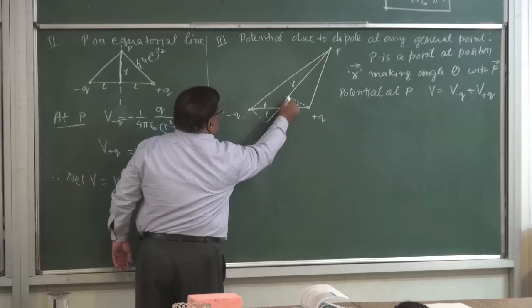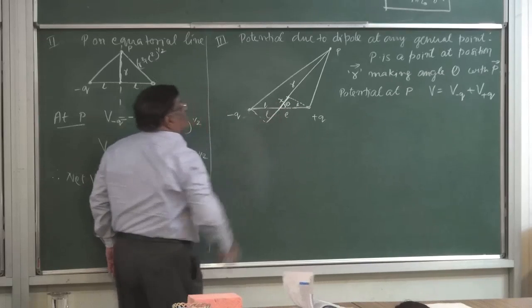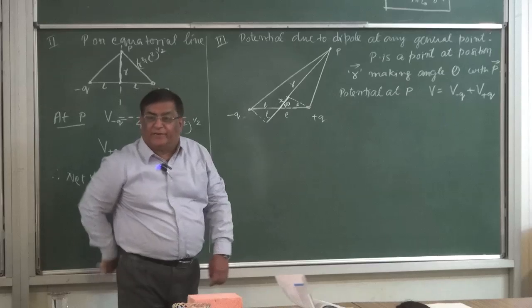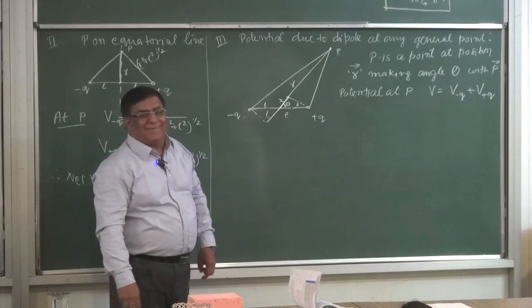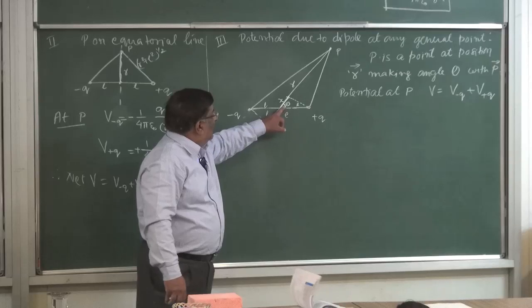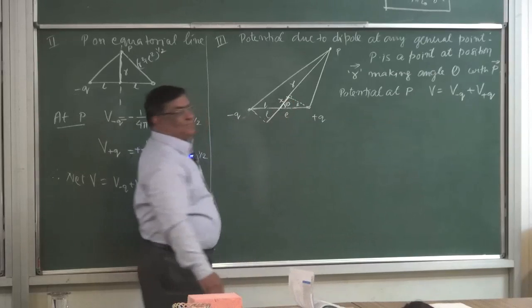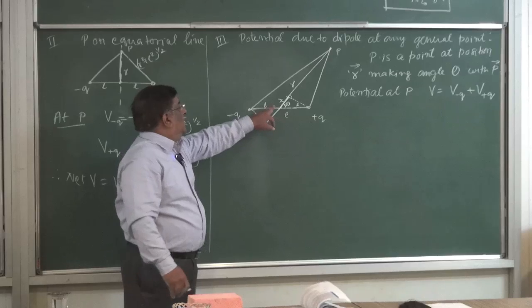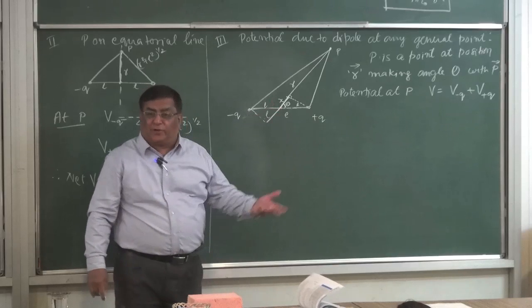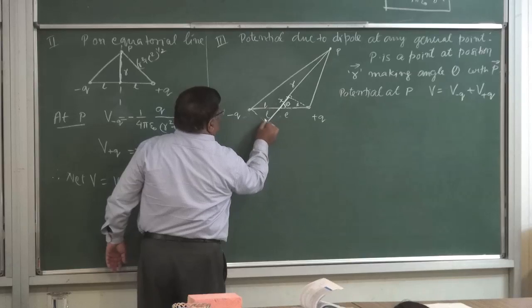This is theta. Let us say this distance is X. X upon L is what? Which trigonometric ratio? Cos theta. X upon L is cos theta because this is a right angle. Correct? So, what is X equal to? L cos theta. And what is this X equal to?